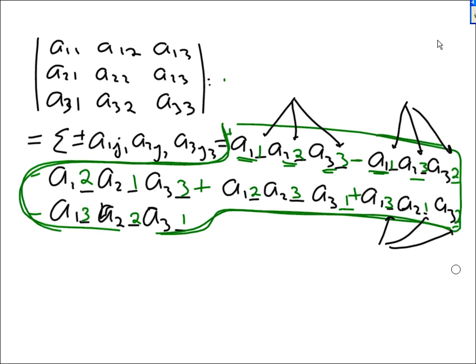So there's a definition, and you absolutely can go and memorize this definition, and you will have a method of calculating the determinant of a 3 by 3 matrix. But of course, that's somewhat hard to do.